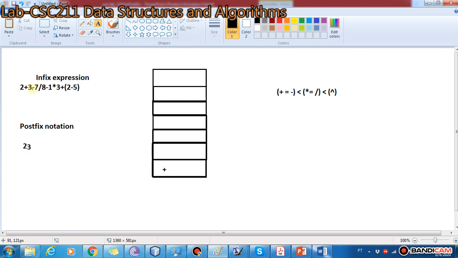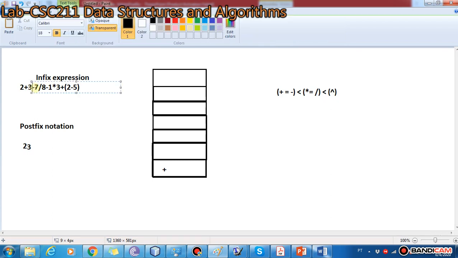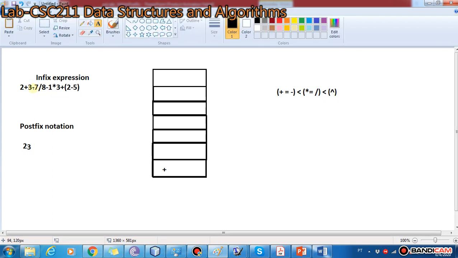In case of left association, the incoming operator has a higher precedence than the one on the top of the stack. In case of right association, the incoming operator has lower precedence than the one on the top of the stack.